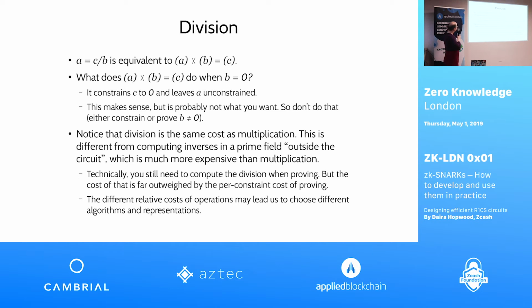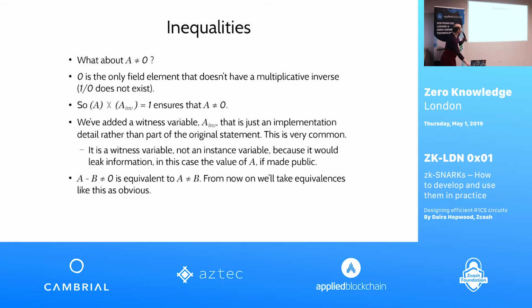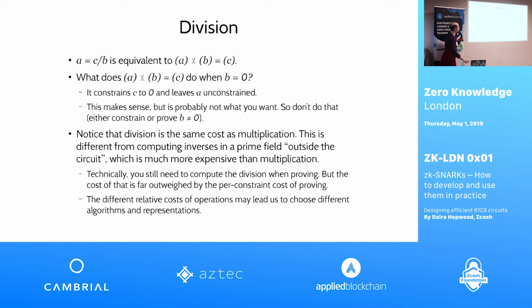Because if B is 0, then we constrain C to 0, but A could be anything, because anything times 0 is 0. So that probably isn't what you wanted to do if you just wanted division. So you have two options: either prove that this doesn't happen for your particular circuit, or just use what we said in the previous slide to constrain the denominator not to be 0.